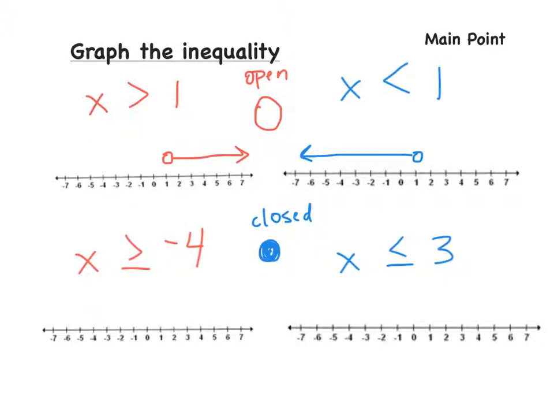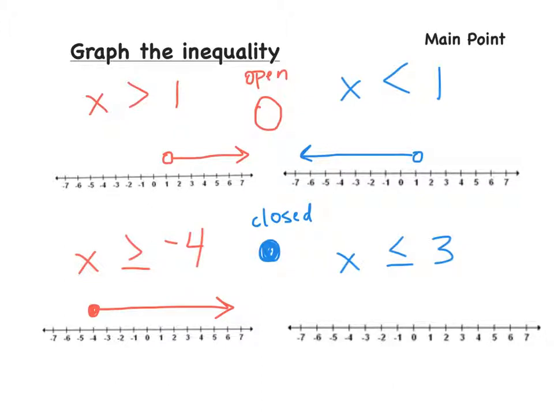Here we go. Draw a closed dot above it. When you do that, see how the arrow is kind of pointing off to the right. So we draw the line off to the right. So this means that x is greater than or equal to the number -4 in this inequality.